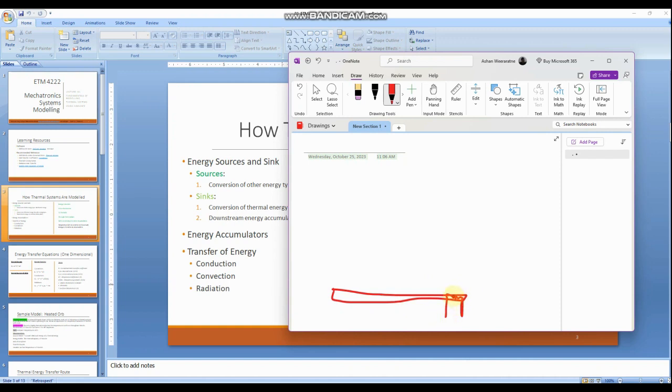Sorry, let me begin. The source this time would be the electrical energy. It's converted to thermal energy at the heating coil, and that converted thermal energy will be transferred into the rest of the heated plate through conduction.